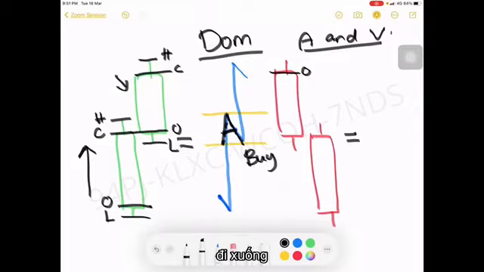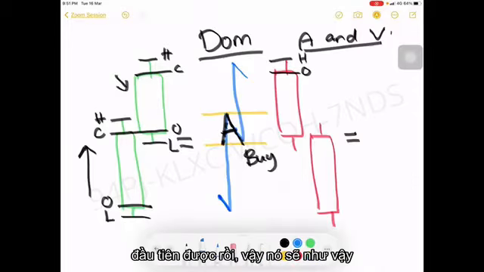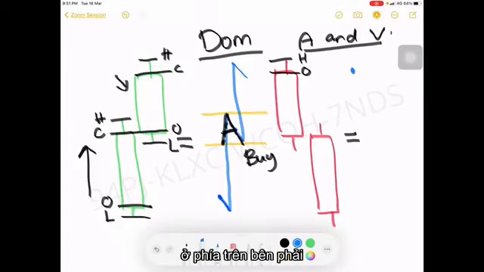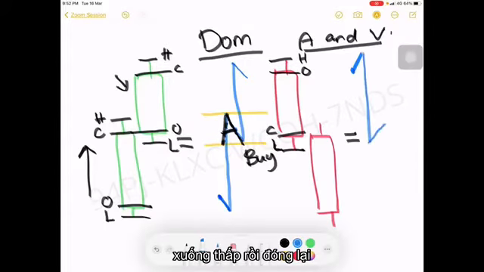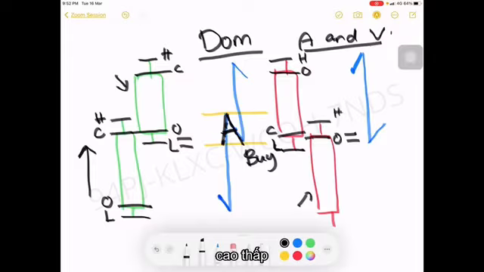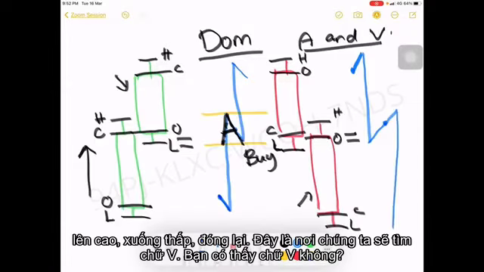When the trend is going down, it must go up first. Yes, so it's going to go to the high first, from open here to the high, and then low, and then close. So it goes open, high, low, close.